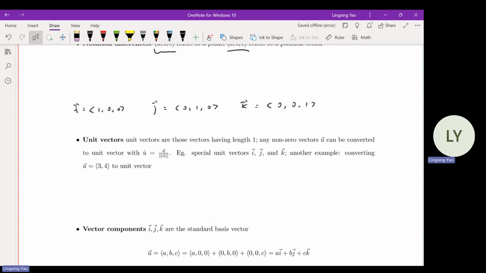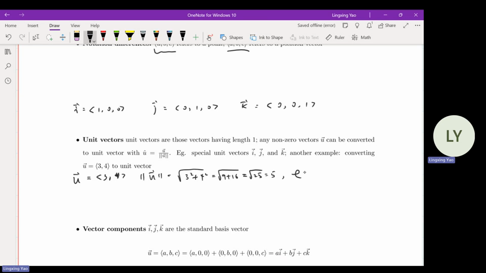For example, with this U equals 3, 4 as the components of the two-dimensional vector here, the length of this U vector will be 3 squared plus 4 squared under the square root. Okay, which is 9 plus 16, which is square root of 25, which is 5.